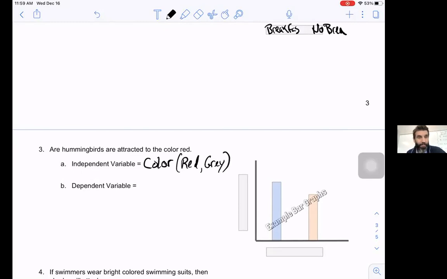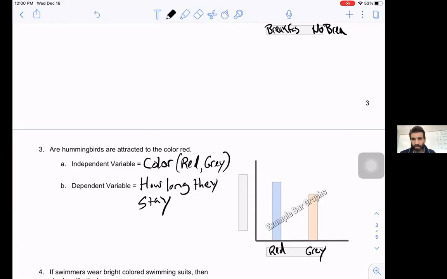And the thing that we're going to measure is probably either the number of hummingbirds or how long they stick around. Since we asked, are hummingbirds attracted, we'd say how long they stay. So let's say you set up this experiment and you have two birdhouses, one that's red and one that's gray.